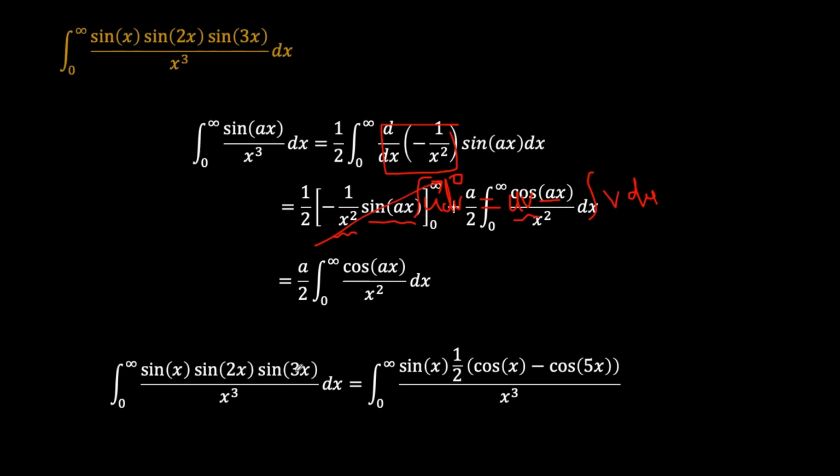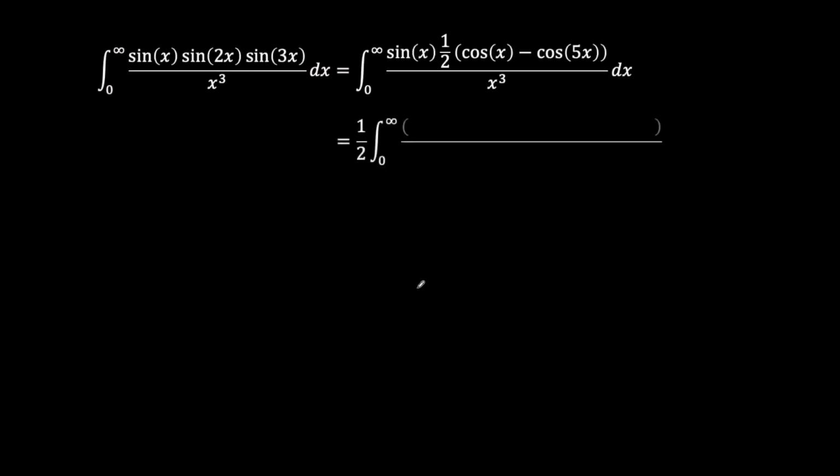The difference between this and the sum of that. And then obviously divided by 2 times a half here. So going forward, now multiplying sine x across, so we have half cosine x sine x here, and the minus cosine 5x sine x over x cubed.